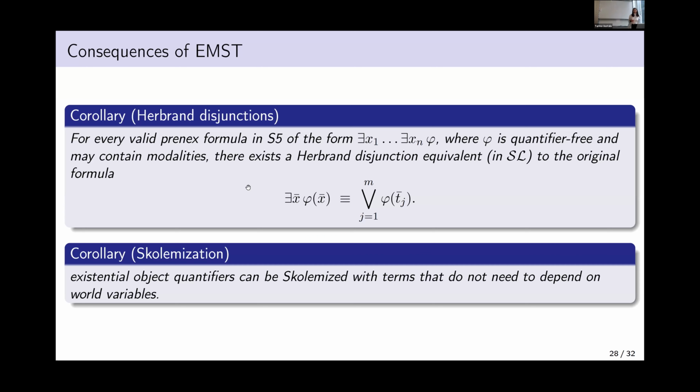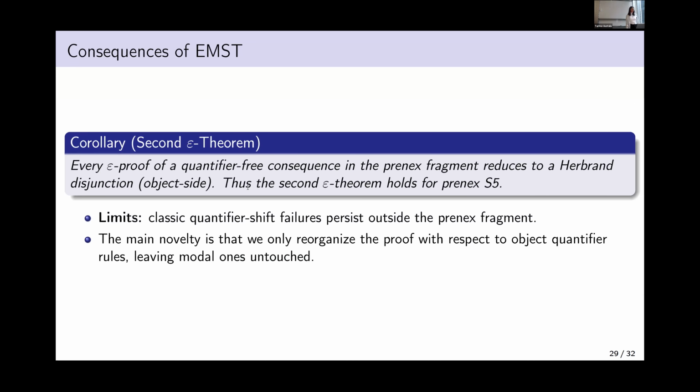It may contain arbitrary modalities in the matrix. Then there is a Herbrand disjunction in two-sorted first-order logic, which is equivalent to the original formula given in this form. Another corollary is Skolemization: existential object quantifiers can be Skolemized with terms that do not need to depend on the world variables.